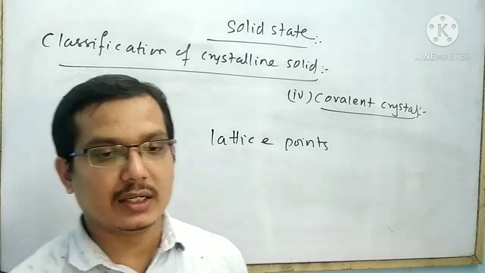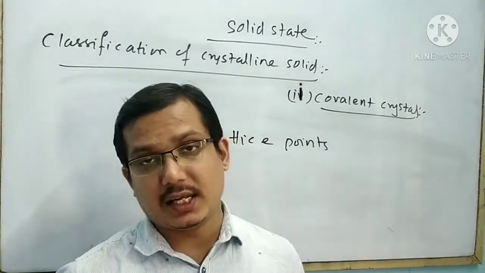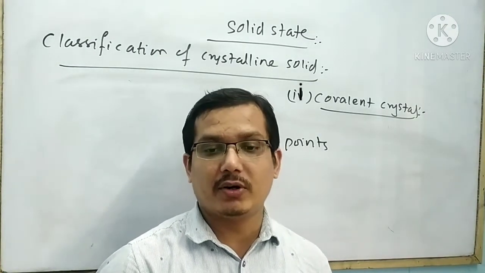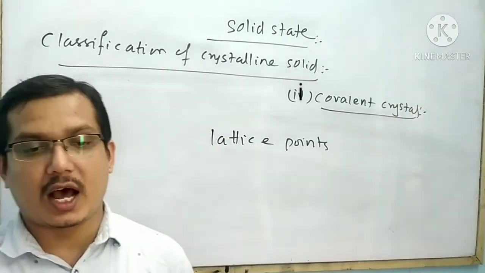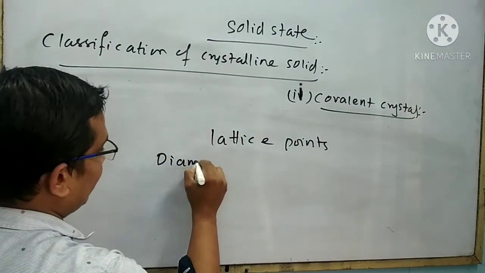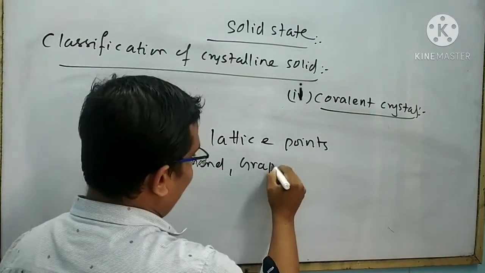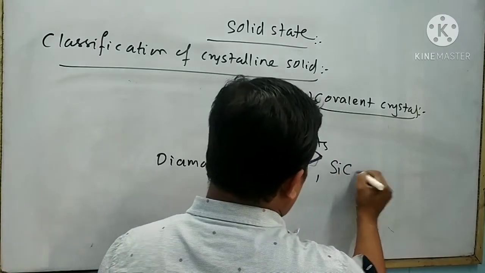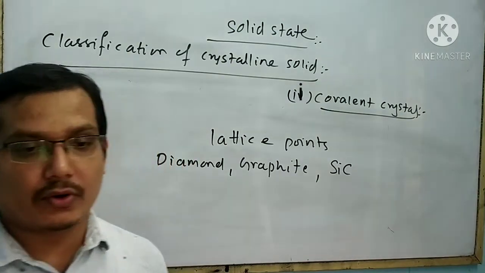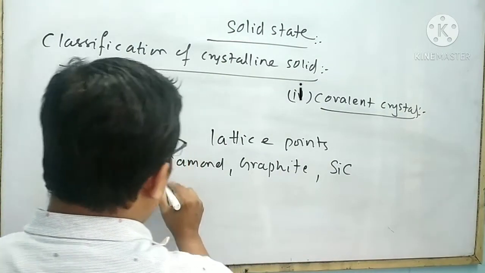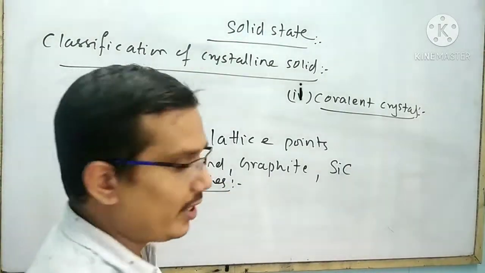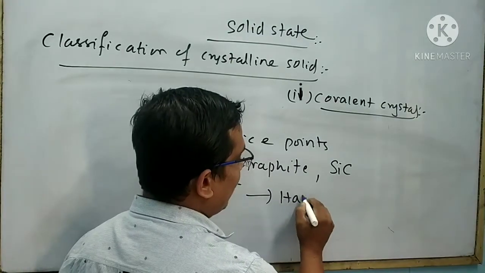So we can think that when the lattice points in crystals are occupied by atoms which are held together by covalent bond, then such crystals are called covalent crystal. Examples are your diamond, graphite, silicon carbide, quartz. These are the examples of covalent crystal. What are the properties of covalent crystal? First point is covalent crystals are hard.